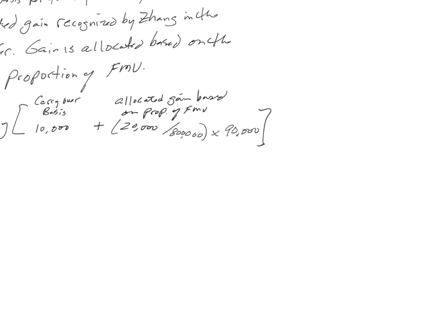And so then this is going to be equal to the corporation's adjusted tax basis for each asset. Okay, and when we do the math on this, it turns out to be $12,250. Okay, so that's the inventory.